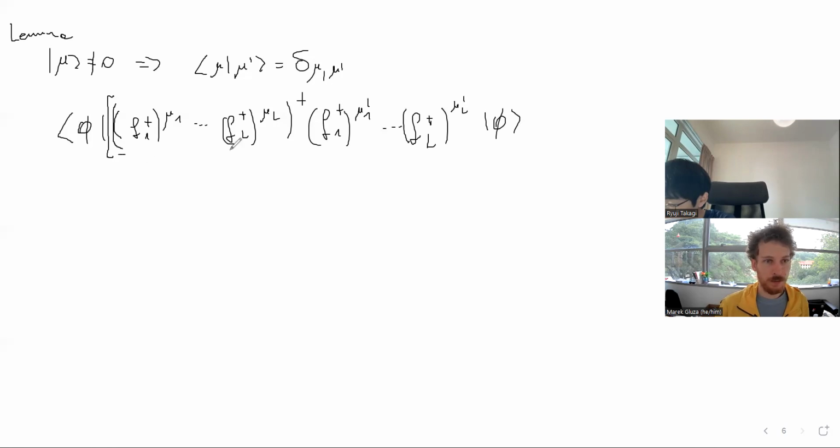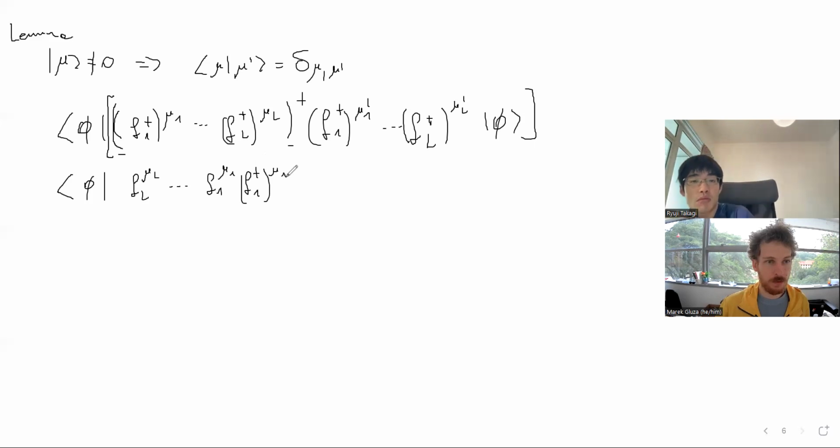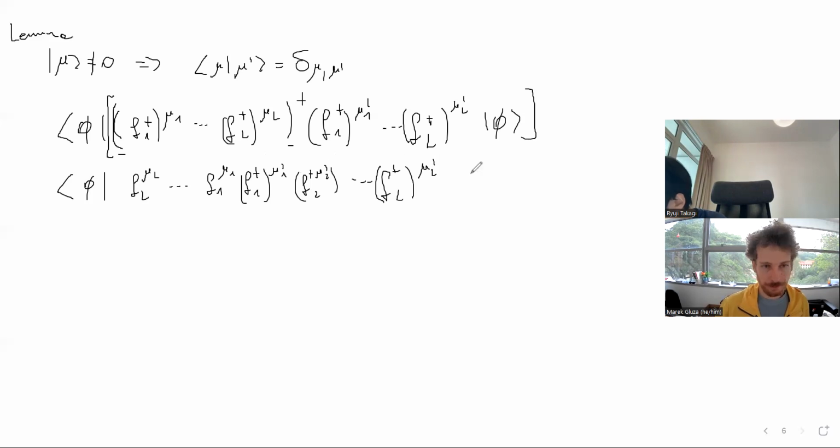So I have the big bracket for the dagger here, and I have this here. So what I will be having is fl mu l until f1 mu1, f1 dagger mu1, then f2 dagger mu2, and so on until fl dagger mu l prime, and here we have the primes.